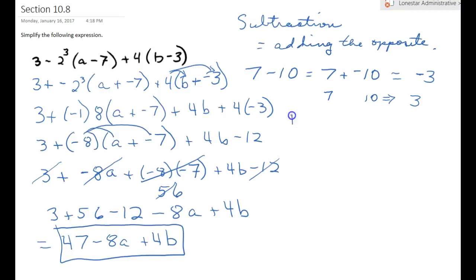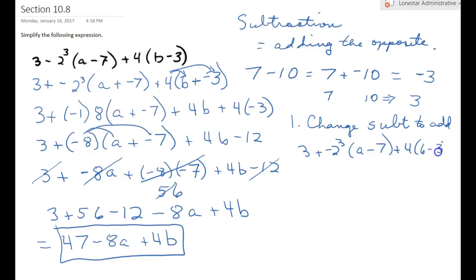Let me review what I did in case you're a little confused. First, I changed subtraction to addition. So I had 3 plus negative 2 cubed, a minus 7 plus 4b minus 3.